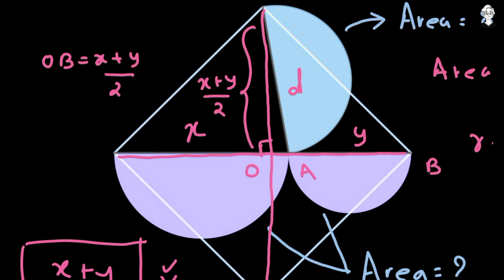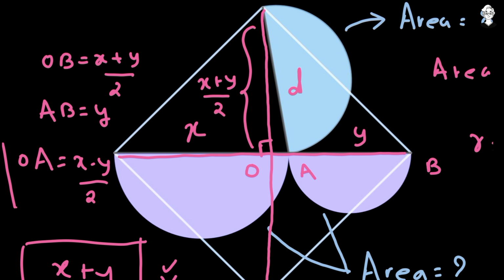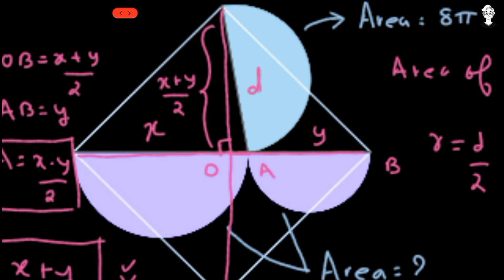Okay. The distance AB is equal to y. Therefore the distance OA becomes longer minus the shorter, that is (x plus y) upon 2 minus y, and that is (x minus y) upon 2. So here we have the distance OA, that is (x minus y) upon 2. This distance we have got.